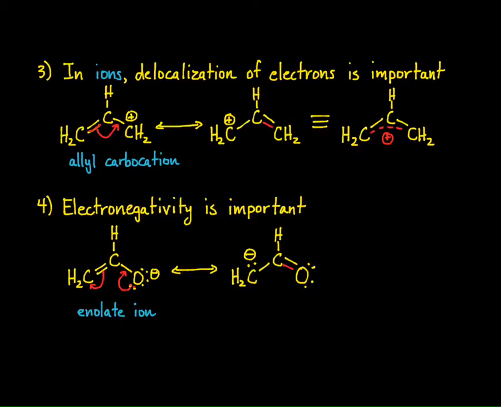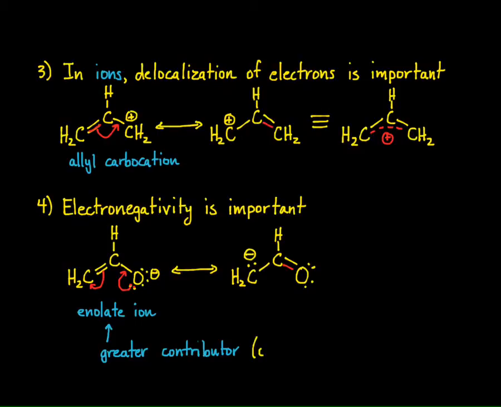Hopefully by now you can kind of understand that since we have a negative charge, the atom that is more electronegative can accept that negative charge better than the carbon that is less electronegative. And therefore that would be oxygen. So the resonance structure on the left is the greater resonance contributor, right?